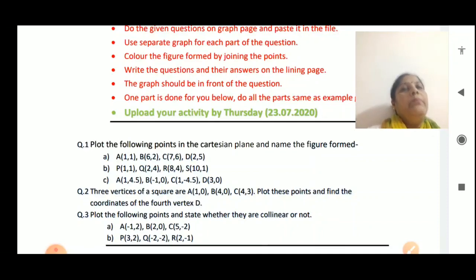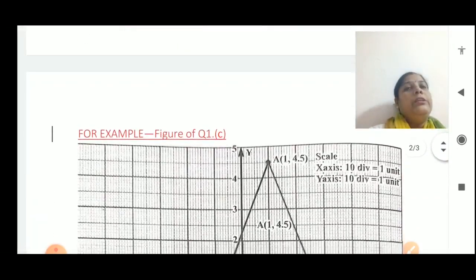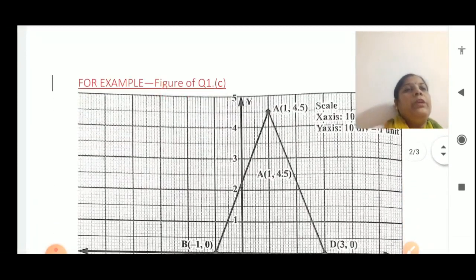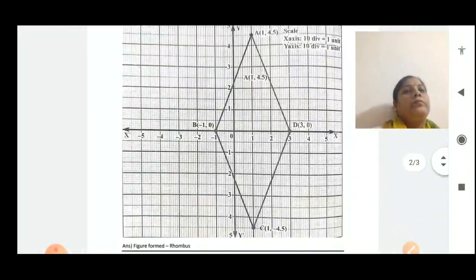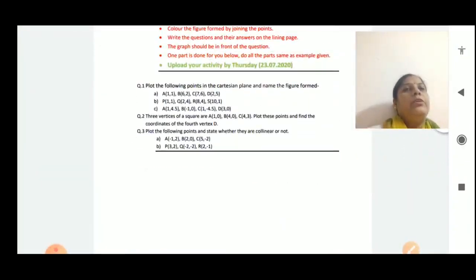Now one part, part C. Question number 1, part C, I have done for you. You can see here, this one. Our question, part C: point A is (1, 4.5), point B is (-1, 0), point C is (1, -4.5) and point D is (3, 0).